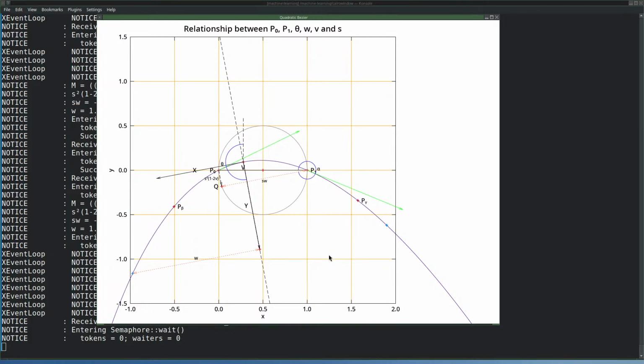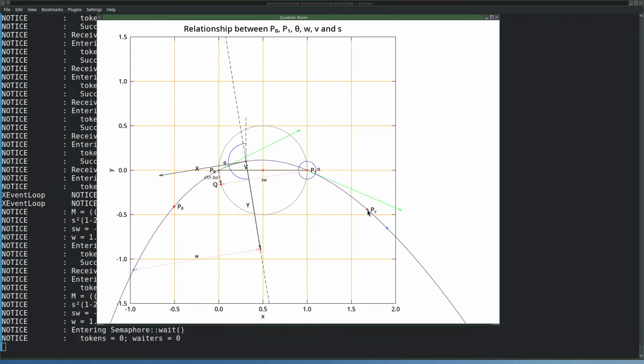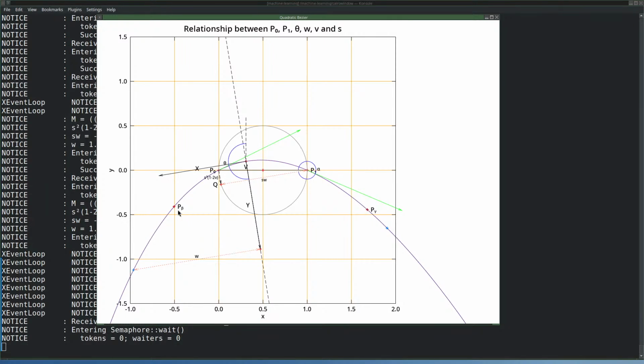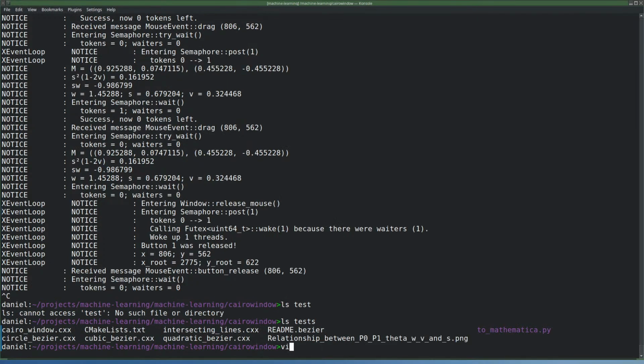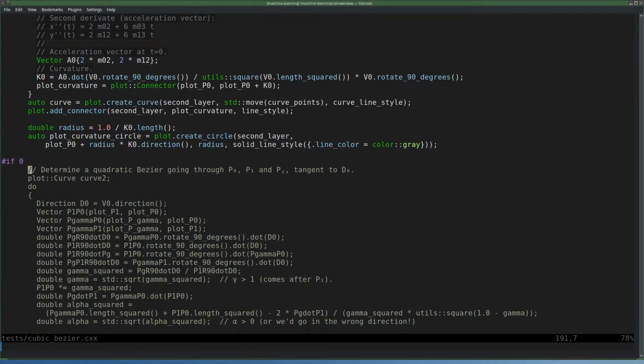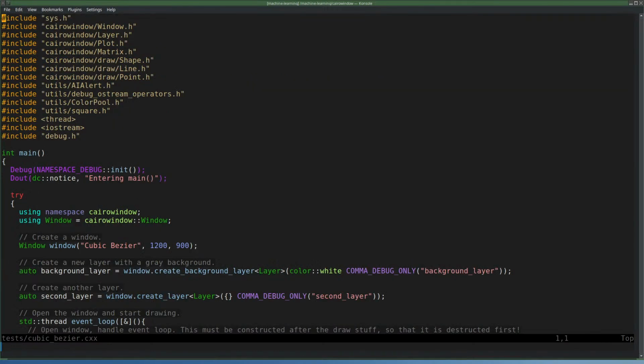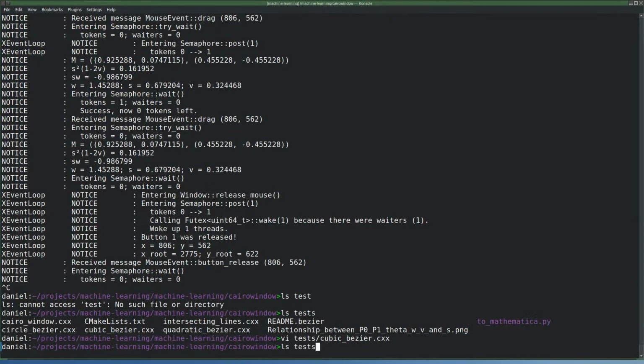And the other one is where I specify not P beta. I think I have to go to the cubic one then. Oh no, yeah, this is it. The other one, is it quadratic? Yeah, it is quadratic.